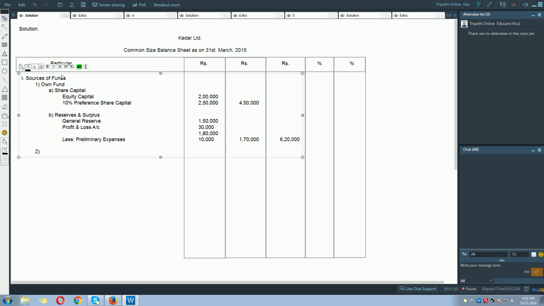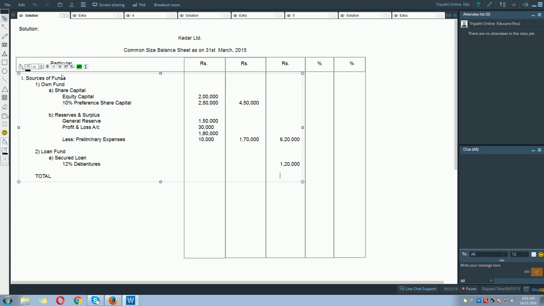From this we will have to subtract preliminary expenses, which is 10,000. Once you subtract this, you will get total reserves and surplus, which is 1,70,000. So now total own fund will be 450 plus 170, which is 6,20,000.